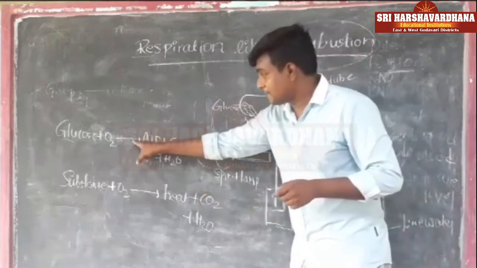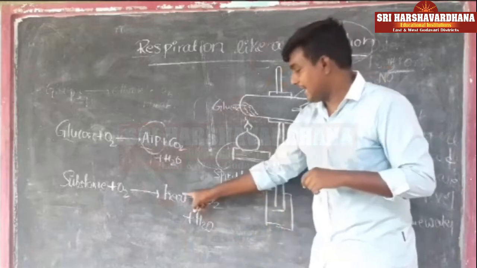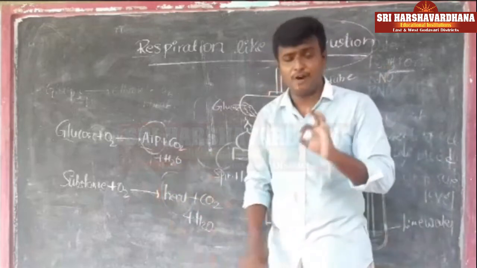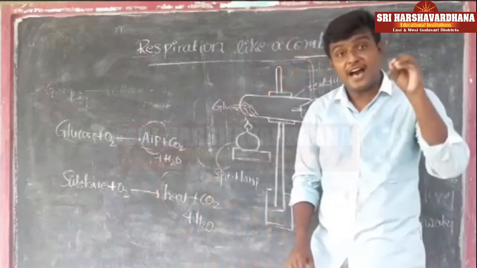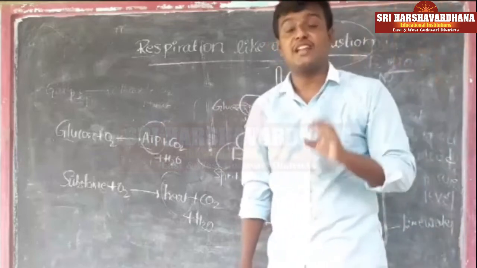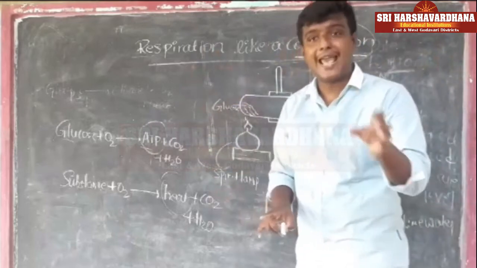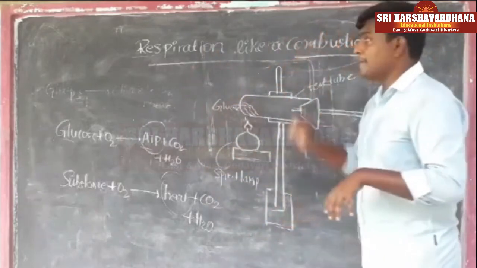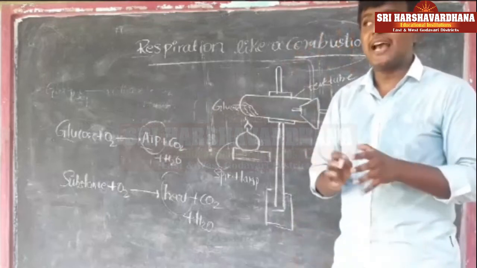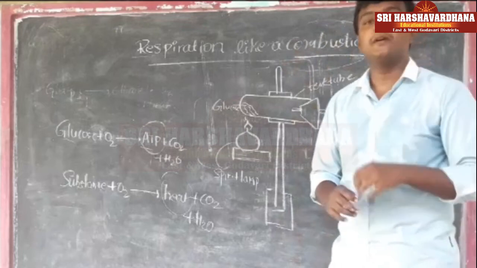In the respiration process energy is liberated in the form of ATP, here the energy is liberated in the form of heat. That's why we say that the respiration process is like a combustion. Whatever process is going on in respiration, the same process is held in combustion also. So that's why they say respiration is the same as combustion.